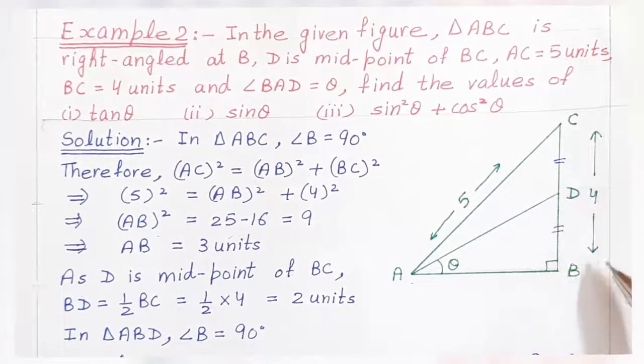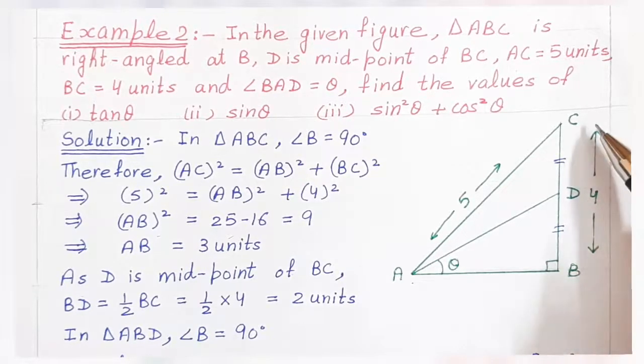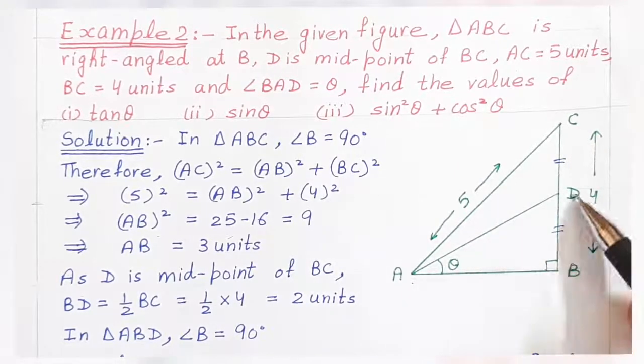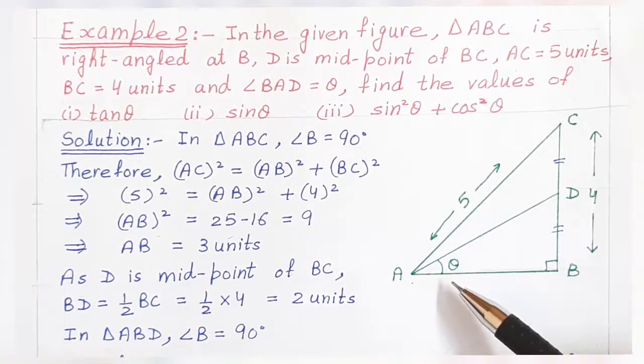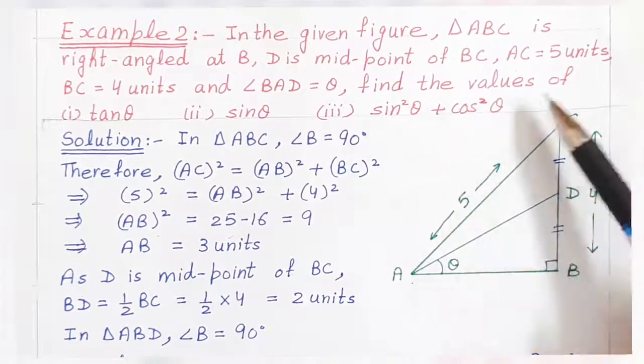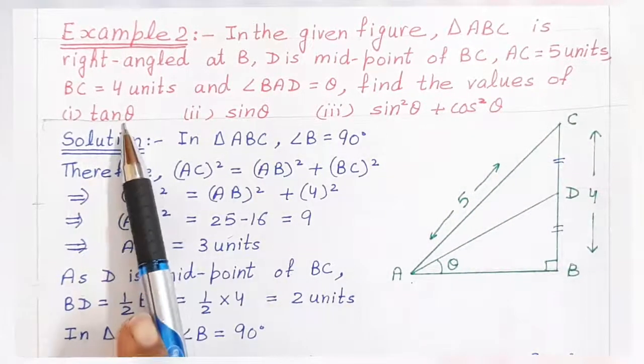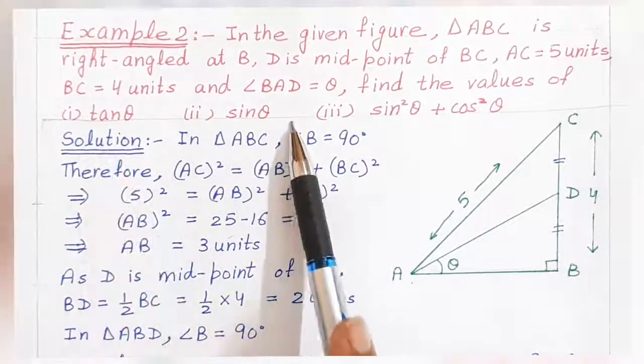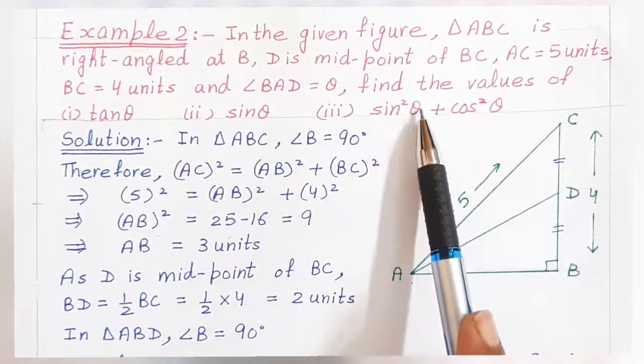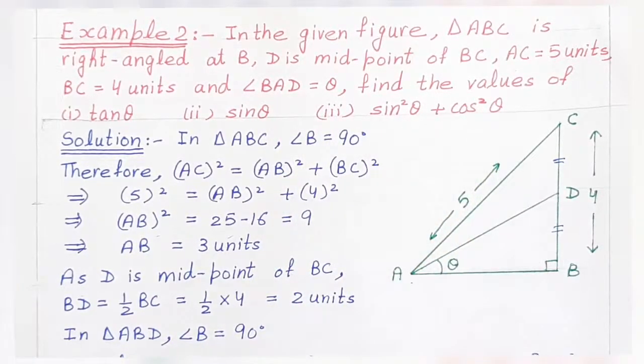BC is 4 units. That means BD is also 2 and DC is also 2 units. Angle BAD is theta. Now find the values of tangent theta, sine theta and sine square plus cos square theta.